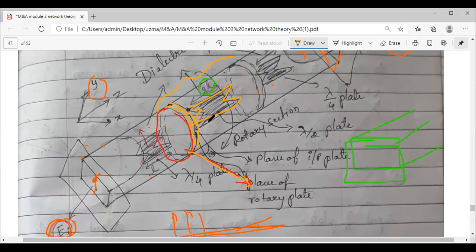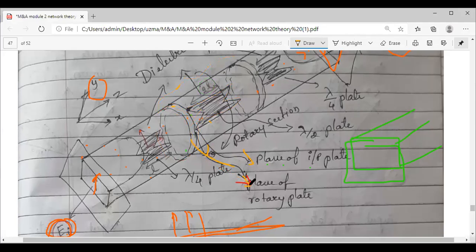So for this dielectric slab or the material which you have put inside, this second circle, the yellow or orange color which I have shown you, indicates the plane. So there are two planes indicated by two circles. If you see, there is an angle shown here.